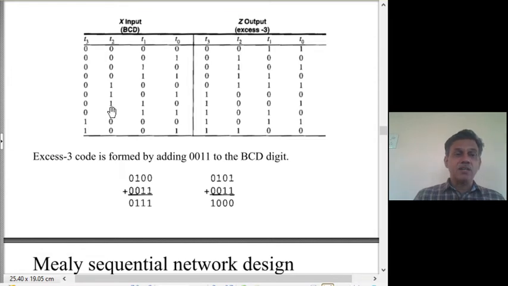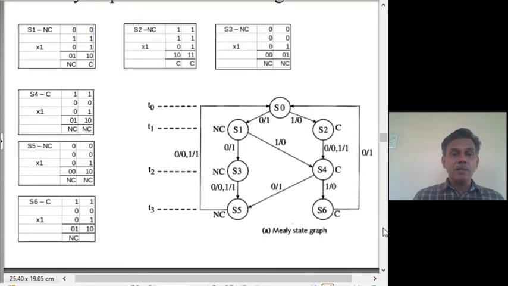Under such conditions, the last bit is always zero. If you are in a no carry state, then the last bit can be 1. So these two do not go together. So when you are in a carry state, the last bit that comes cannot be 1, therefore that will not even arise. So with all these we have come up with the state graph.